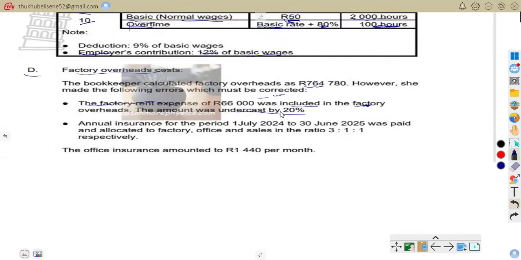So what does undercast mean? That is very important.